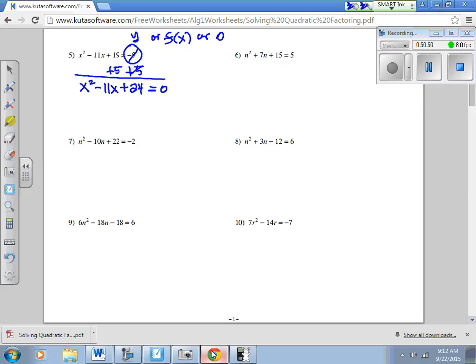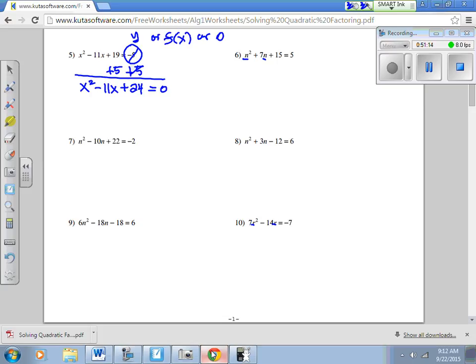Whenever you have the equation, does it always have to be an x? You notice that number 6 has n's, and over here there are r's. Do you realize the letter is really irrelevant, as long as it's some letter squared?